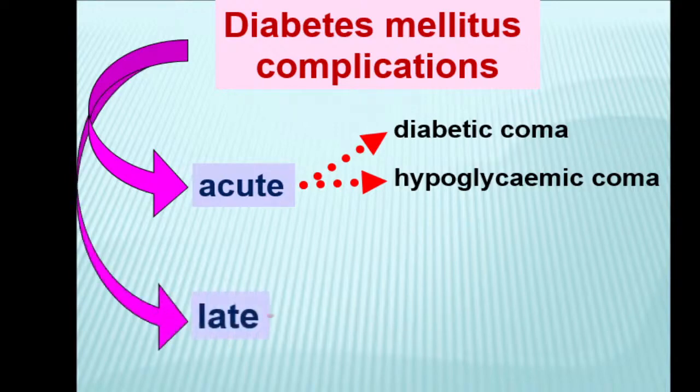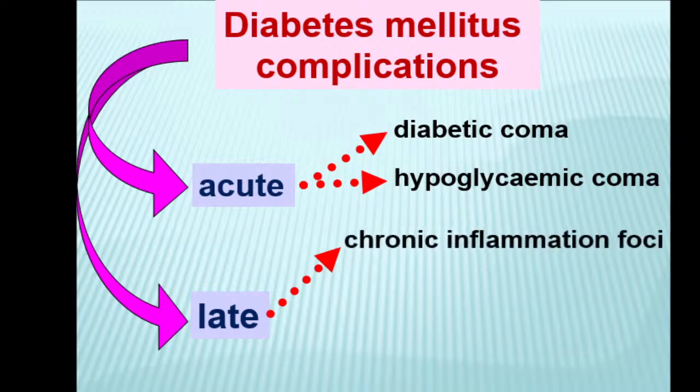And chronic, late complications, which appear due to inadequate action of the patient, who disturbs dietary recommendations, who does not correctly take some medicine, especially insulin injection and dosage.